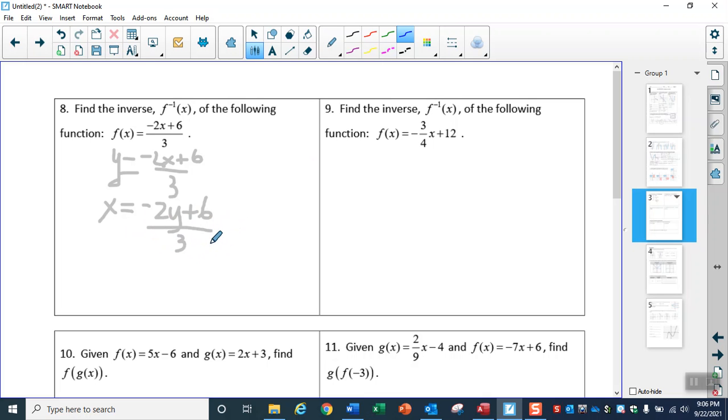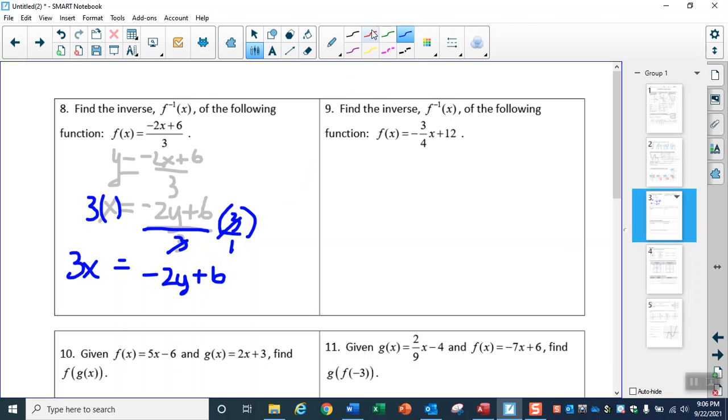All right, and then now if I'm solving this, again, you have to work from the farthest away from the y. So I've got all this divided by 3, right? So what I'm going to do is multiply both sides by 3. That's like 3 over 1, and so that cancels out. And so that gives me 3 times x, and then I've got -2y plus 6.